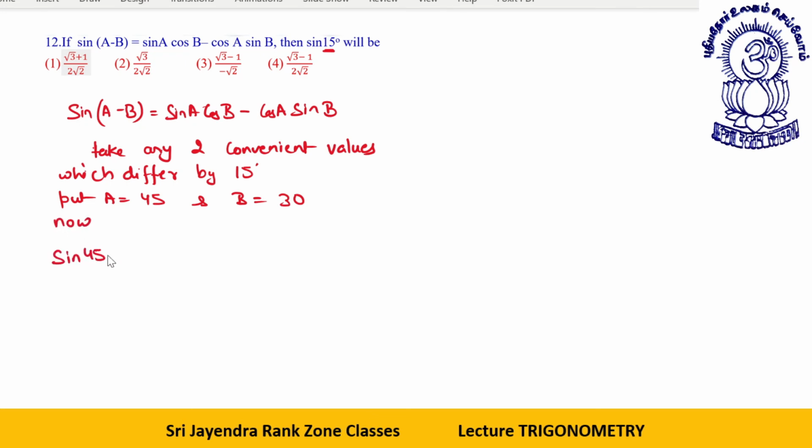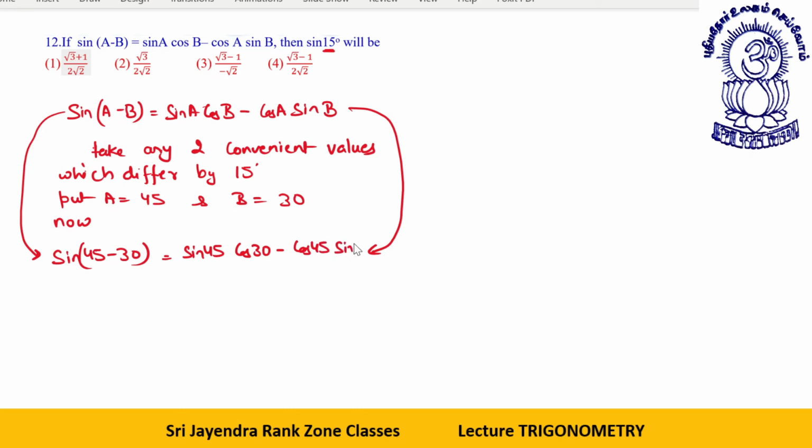Sin(45 minus 30), here I put the values, is equal to sin 45 cos 30 minus cos 45 sin 30. Sin(45 minus 30) will be sin 15 degrees.